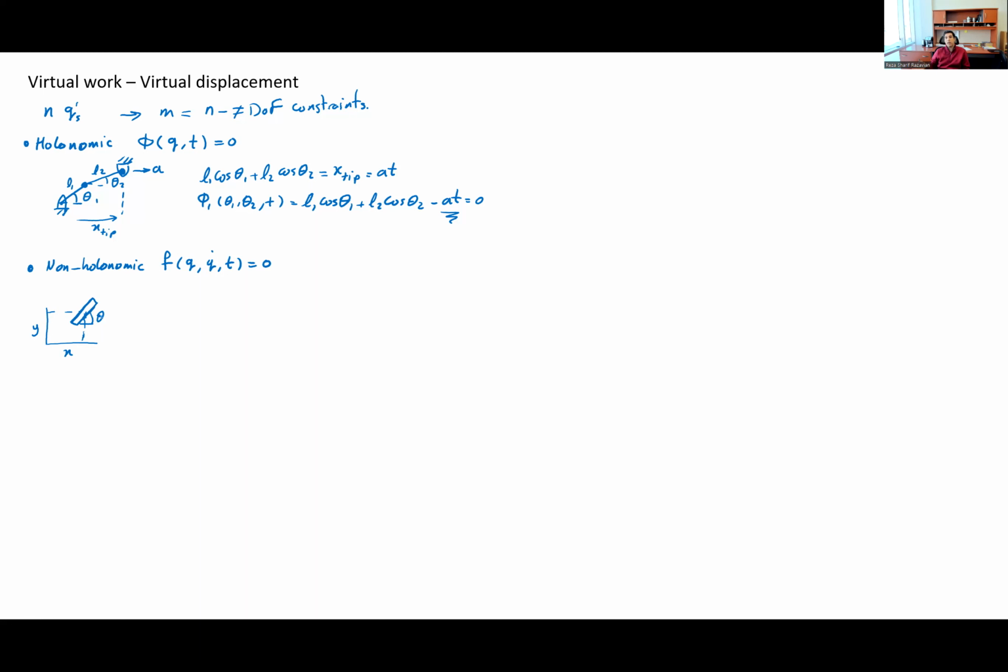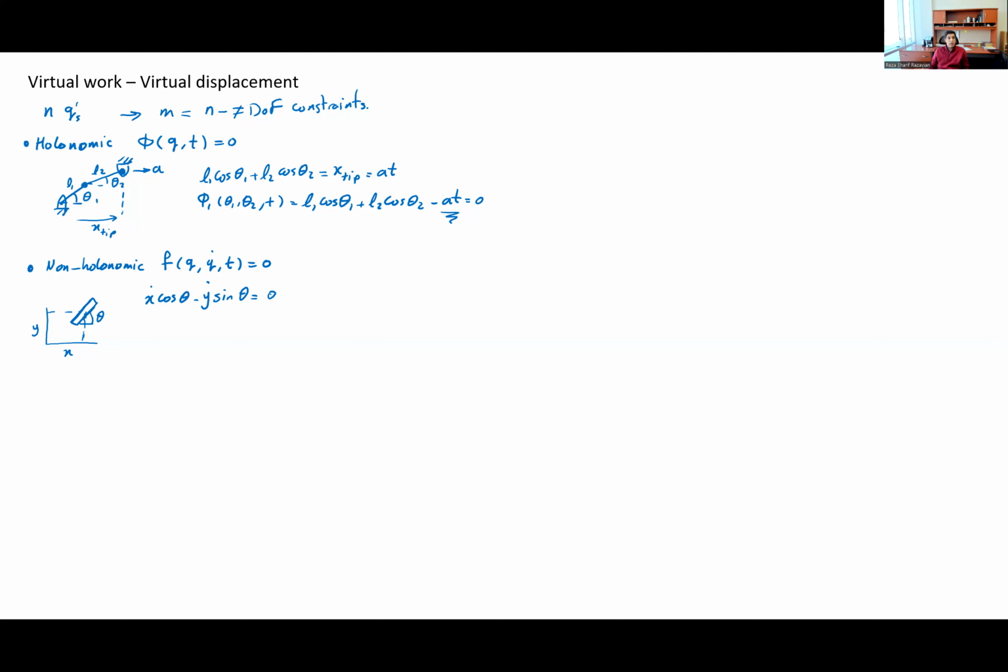In this case, the non-holonomic constraint would be that the velocity perpendicular to the plane of the wheel has to be 0, essentially no sliding of the wheel to the side. So we saw that it's going to be x dot cosine of theta plus or minus y dot sine of theta equals 0.